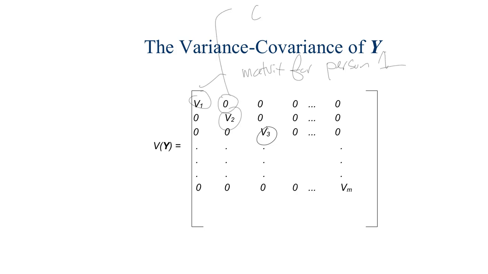This right here is the covariance between person 1 and 2, and because they're different people, we always assume it's 0, so that's a matrix of zeros. I went over this in an earlier slide. So this is a big matrix that consists of matrices. This is how they actually build it to do the actual matrix operations. So you get one big matrix that defines the variance covariance of all the observed outcomes.